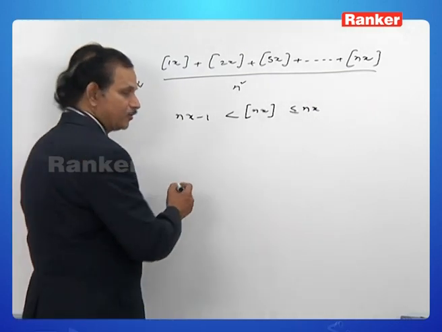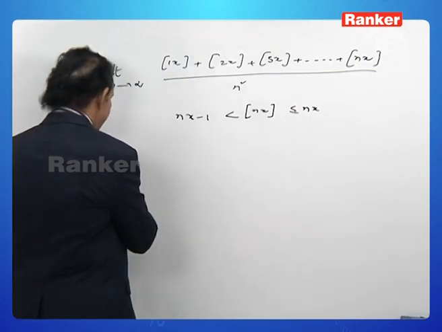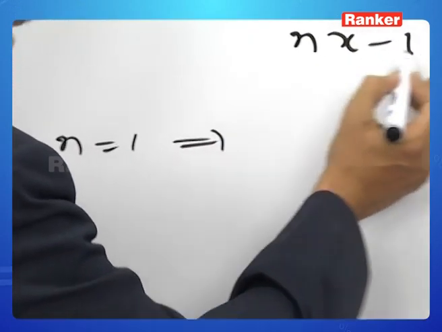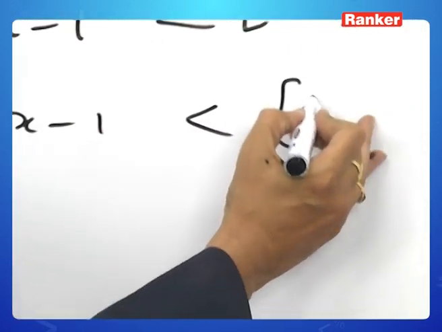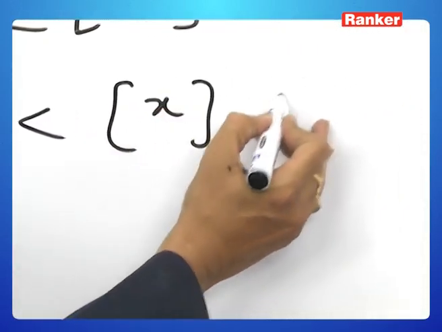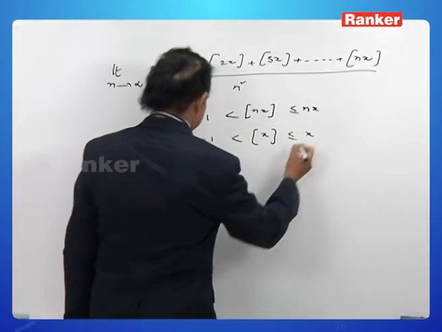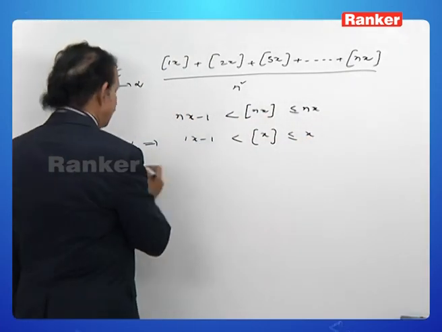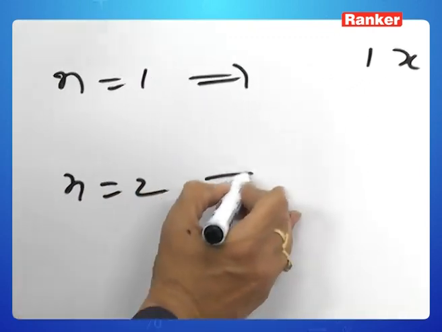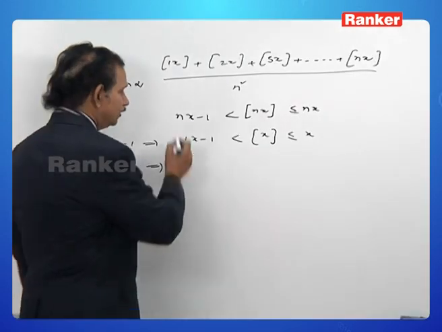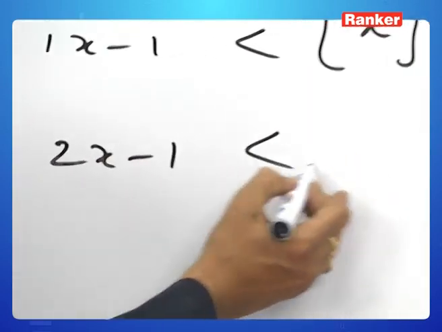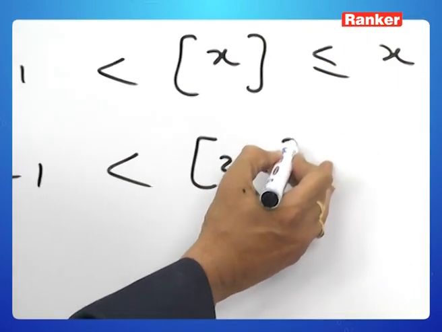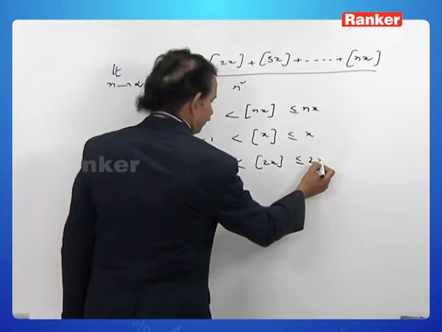Taking n equal to 1, we have 1x minus 1 less than integral part of 1x less than or equal to 1x. Next, n equal to 2. What is going to happen? 2x minus 1 less than integral part of 2x less than or equal to 2x.